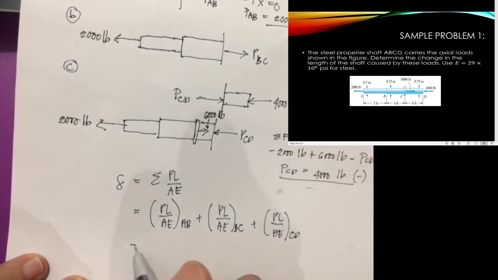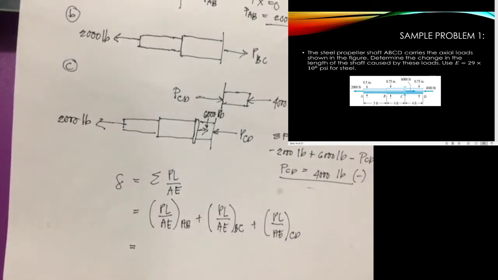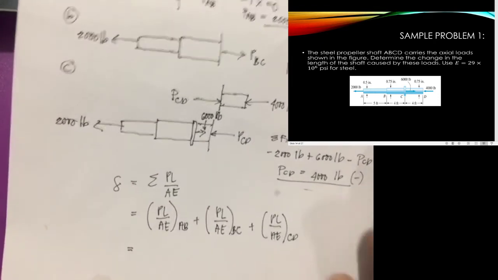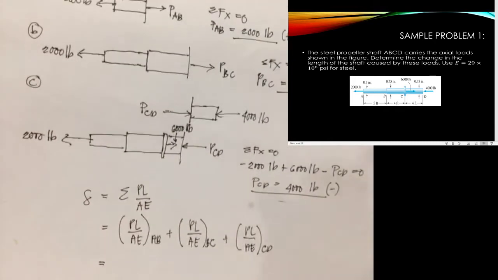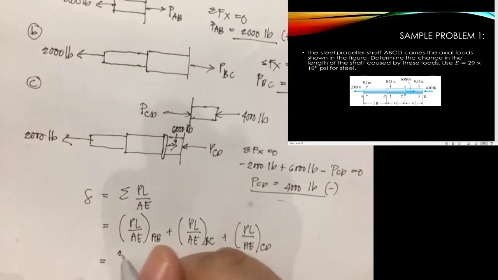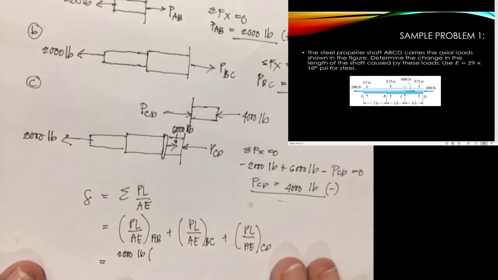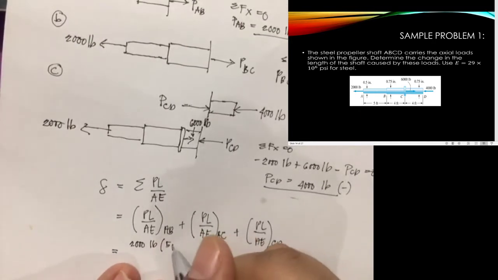Okay, so for P, the applied load for AB, we have 2,000 pounds multiplied by the length. What is the length? We have 5 feet.